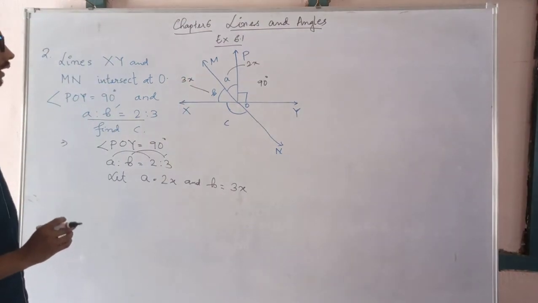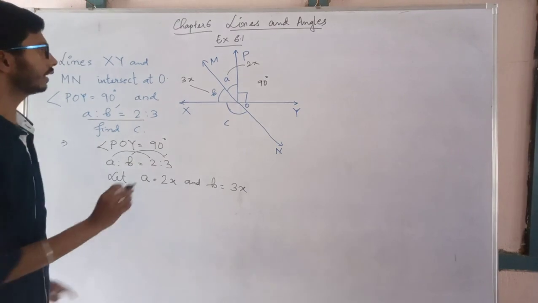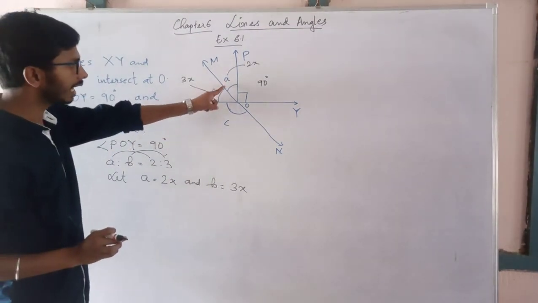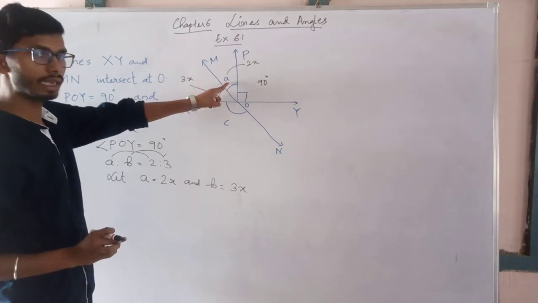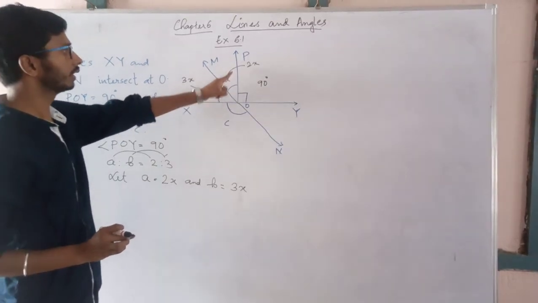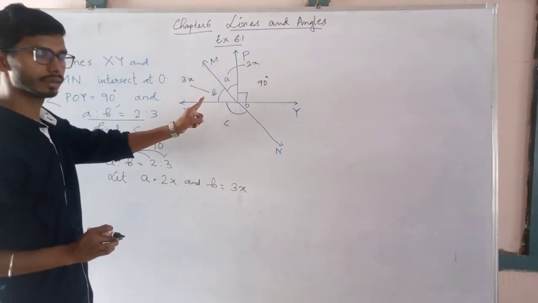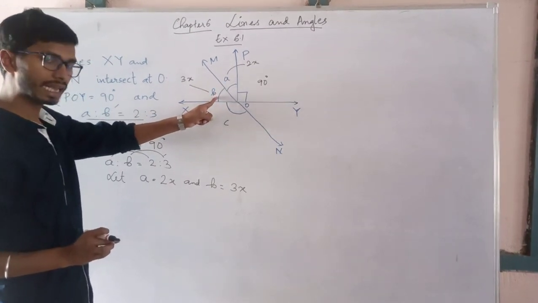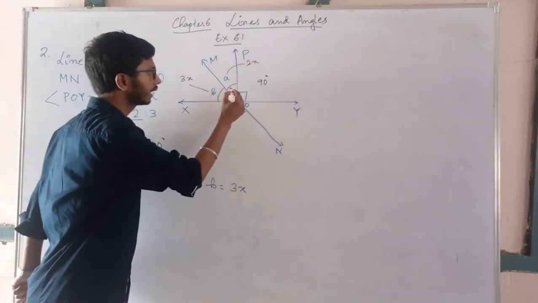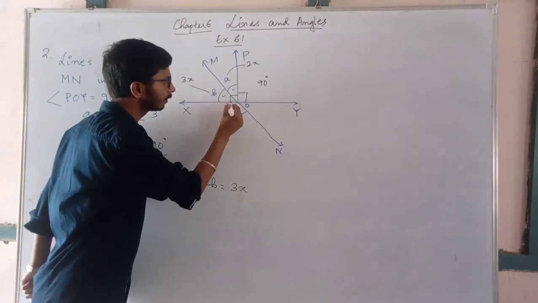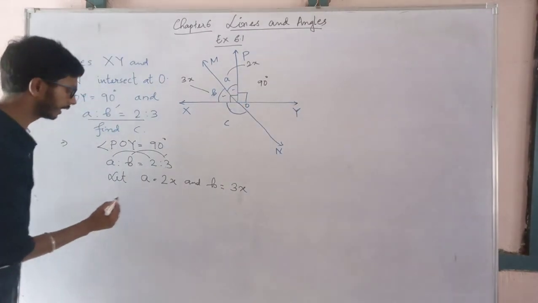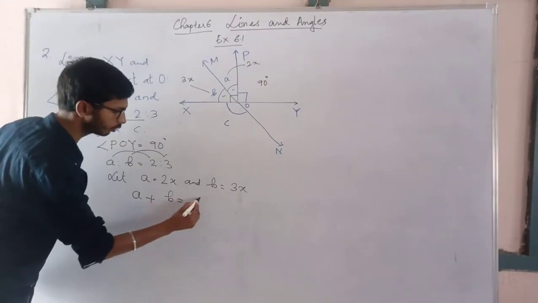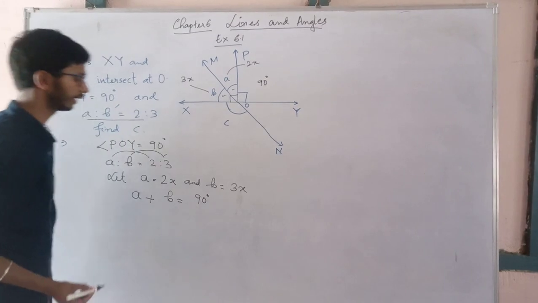Now we need to find the value of angle C. Now let us find the value of A and B. You can see here the sum of these two angles A and B, if you add it, is equal to a right angle. So we can say angle A plus angle B is equal to how much? 90 degree.